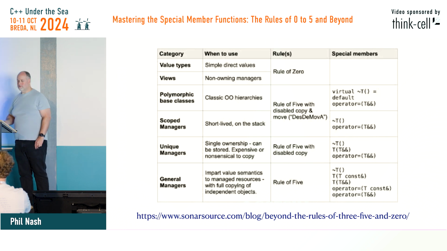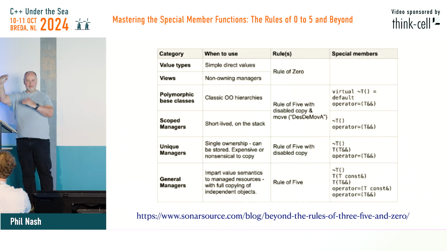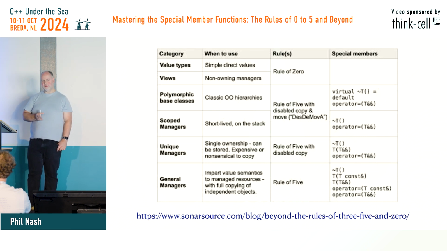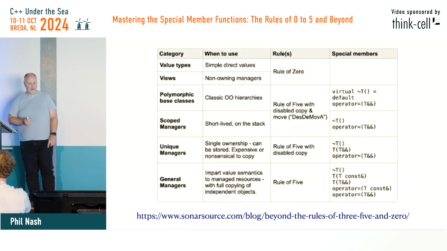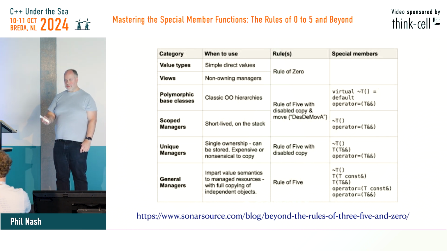Only a couple of people. Wow, okay. So it's like unique pointer, but doesn't do the move. It's literally just scoped within the immediate scope. You can't copy it or move it. Doesn't seem that useful, but actually it was, until we got unique pointer. If you do want move semantics, then you need a unique manager, and unique pointer is the poster child for that.